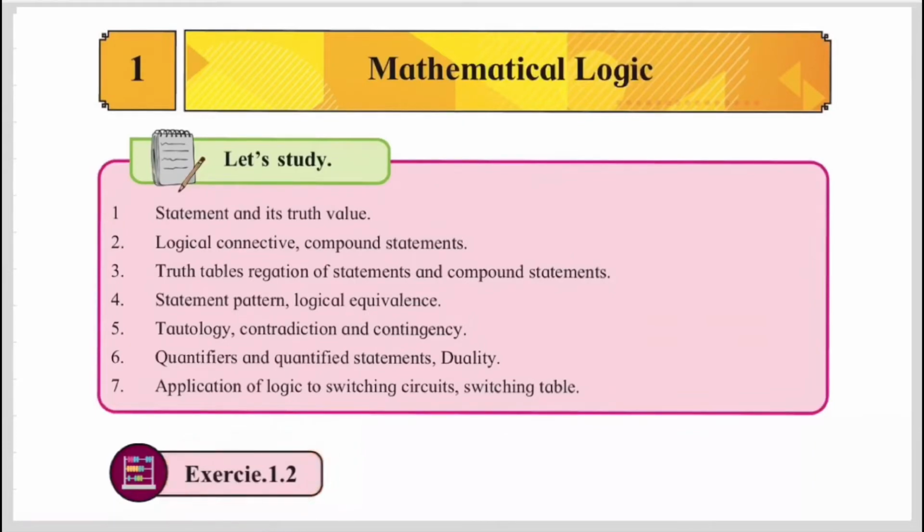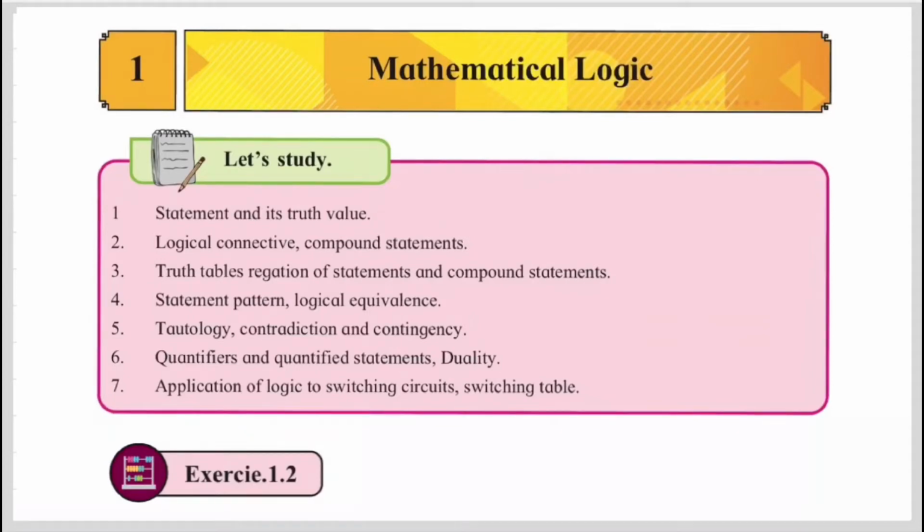Exercise 1.2 is based on preparation of truth table, which is an important part of this topic. Every year in each board question paper, at least one question is asked either on preparation of a truth table, or logical equivalence, or examine whether it is tautology, contradiction or contingency, for 3 to 4 marks.